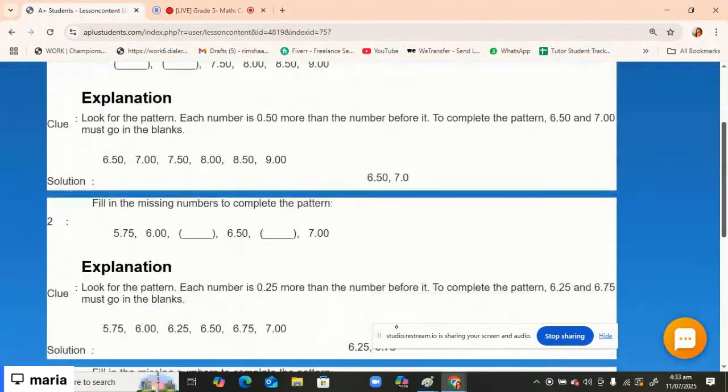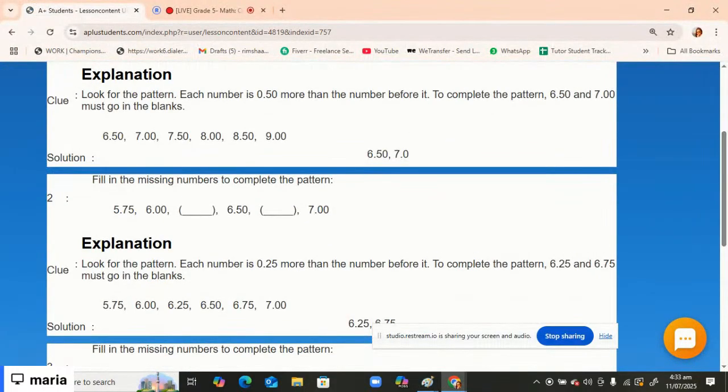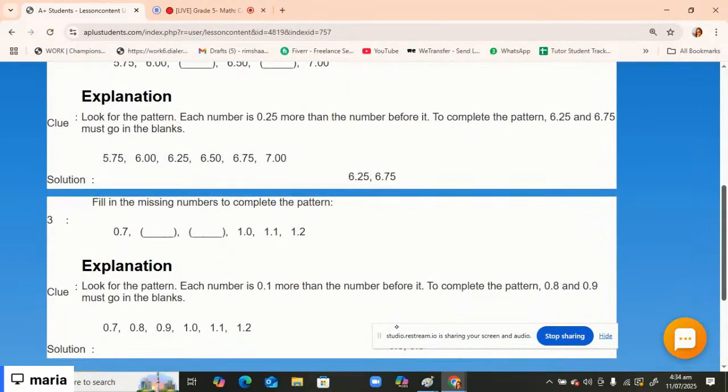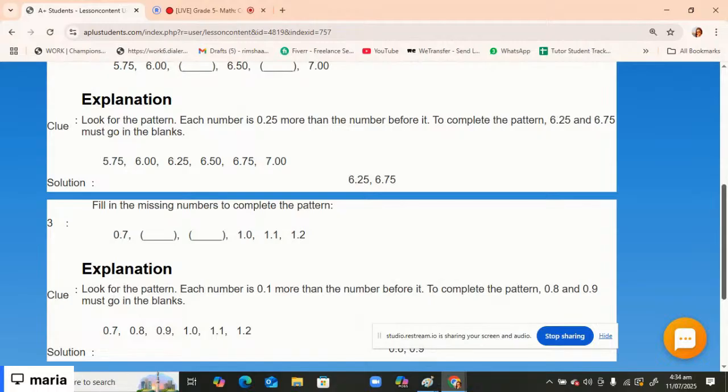Now let's suppose I'm going to write this one: 5.75, then 6, then 6.25. It means 25 is increasing now, then 6.50, then 6.75, and then 7. Then 0.7, then 0.8, 0.9, then 1.0, then 1.1 and 1.2.